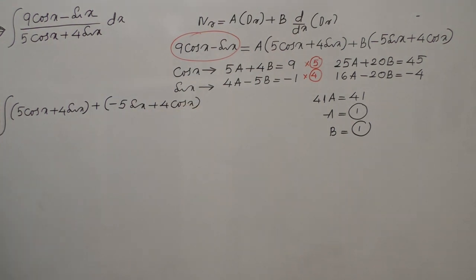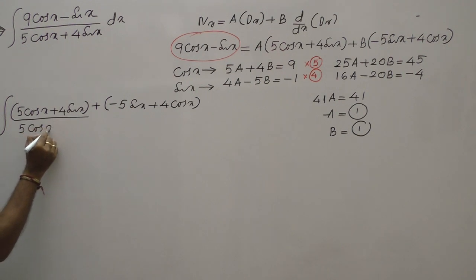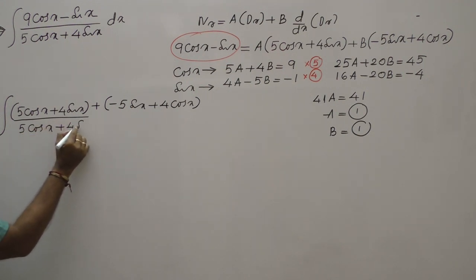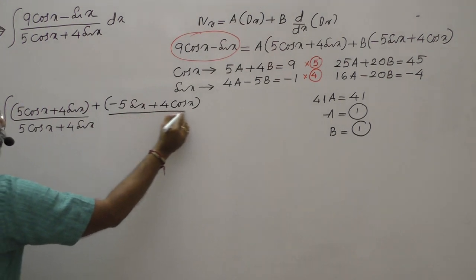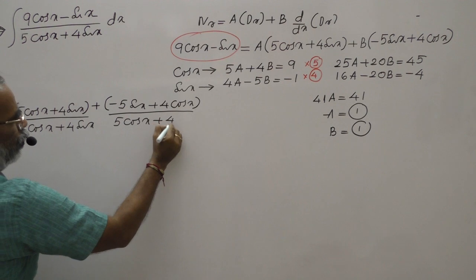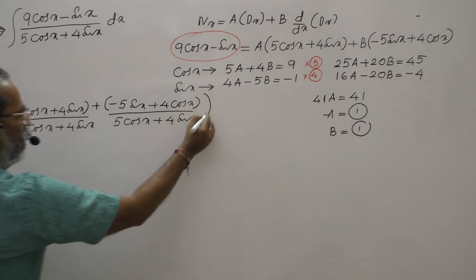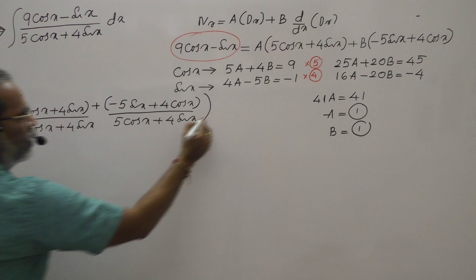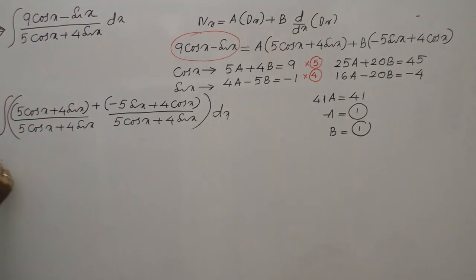This is numerator. This is the denominator which divides both. I will divide separately: 5 cos x plus 4 sin x here, also 5 cos x plus 4 sin x. dx will be there for entire this. See now, this is equal to integral of 5 cos x plus 4 sin x over 5 cos x plus 4 sin x. They are same, gets cancelled. We will have 1.